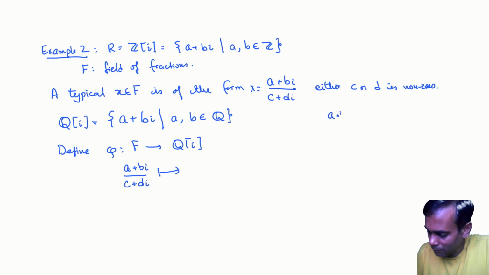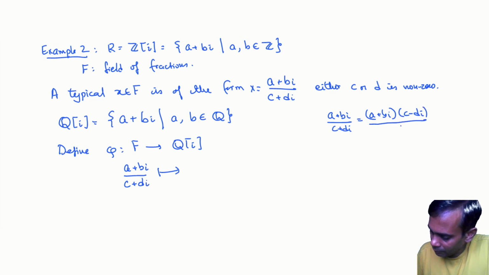So remember that (a plus bi) divided by (c plus di) is the same as (a plus bi) times (c minus di) divided by c squared plus d squared. This is how we divide complex numbers, right?